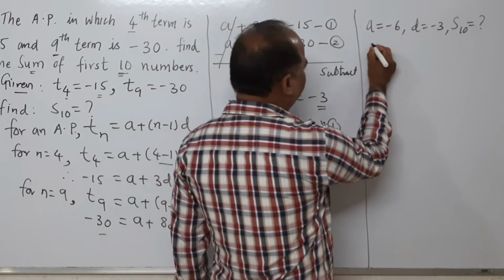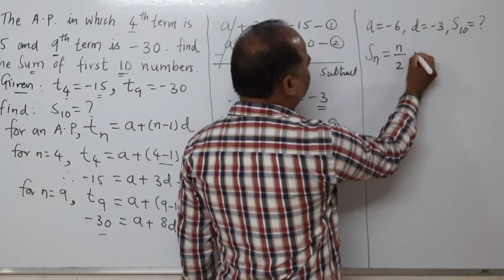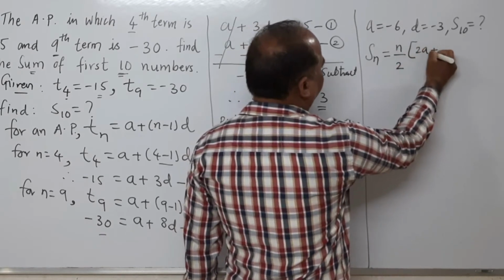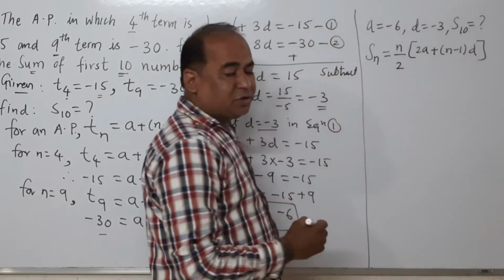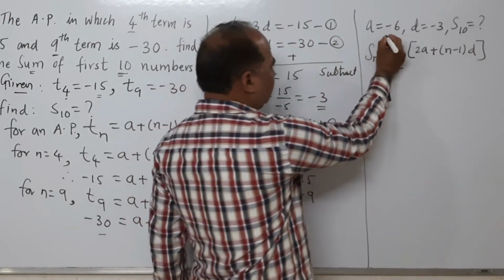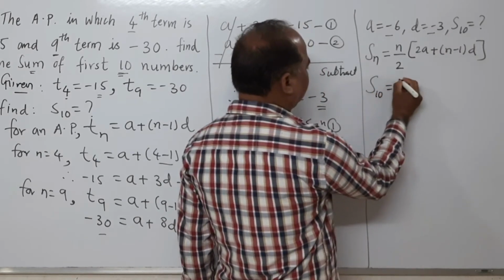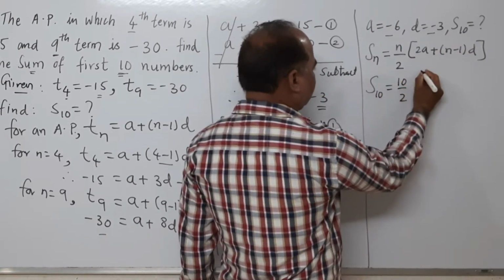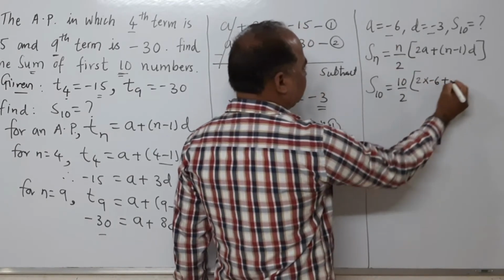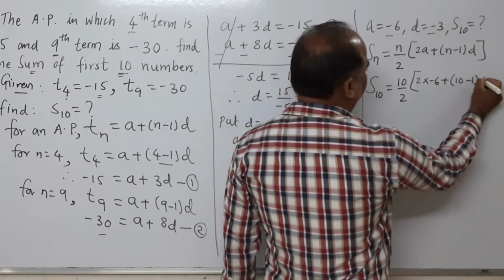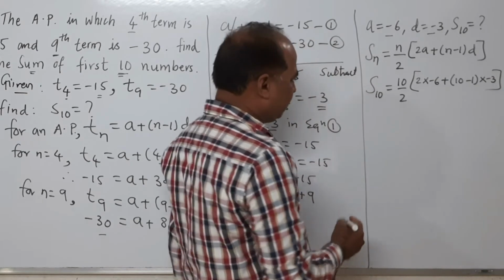So the formula to find the sum of n terms, that is Sn is equal to n upon 2 bracket 2A plus n minus 1 into D. Substitute the value of A, D and n. We get S10 is equal to 10 upon 2 bracket 2 into A, that is minus 6, plus 10 minus 1 into D, which is minus 3.